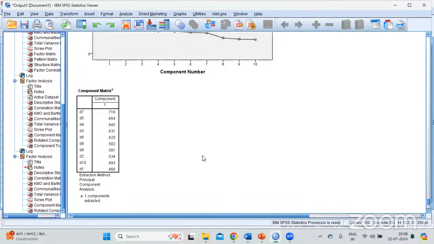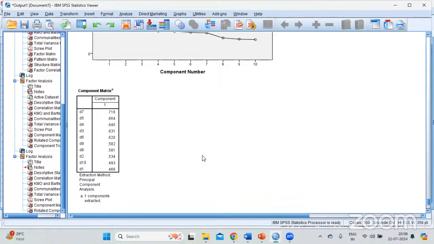It's not very acceptable if your total variance explained is quite low. It means that it's only explaining 35%. So what about the rest of the 65%? Your test is not good enough; it is not able to explain the rest of the 65% of the variance. That is the kind of problem.